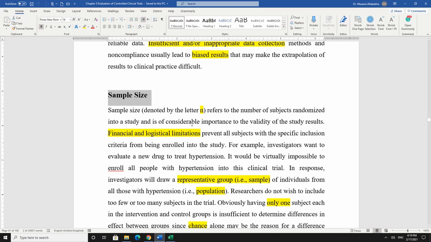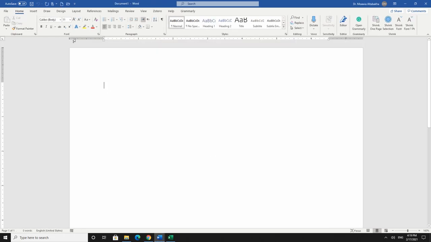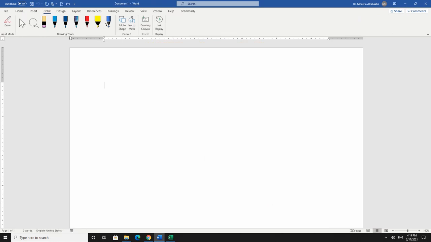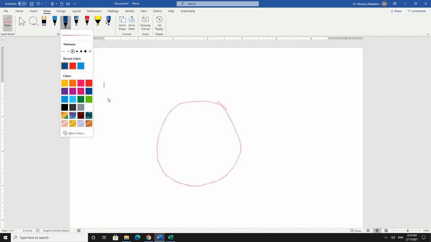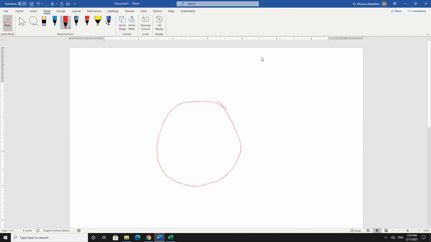Now, what about the size? How much do I take? Let me first illustrate this to you by drawing something. Okay, I will draw the following. Let's say this is my population.